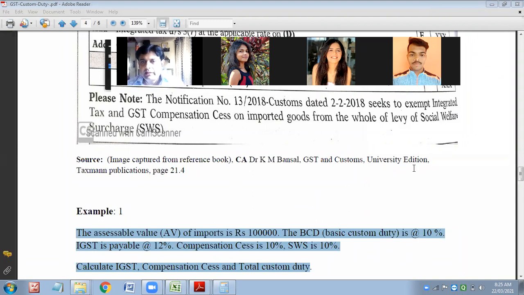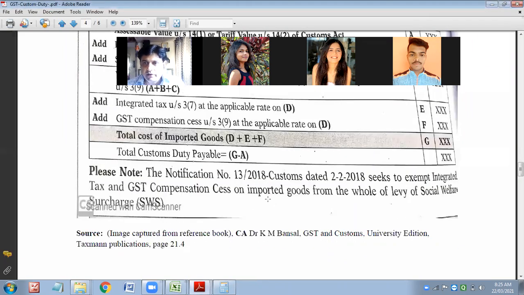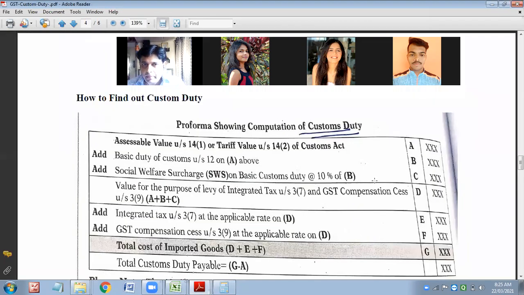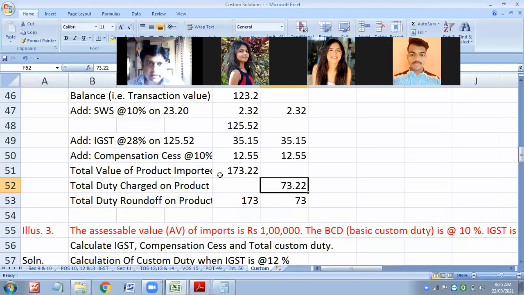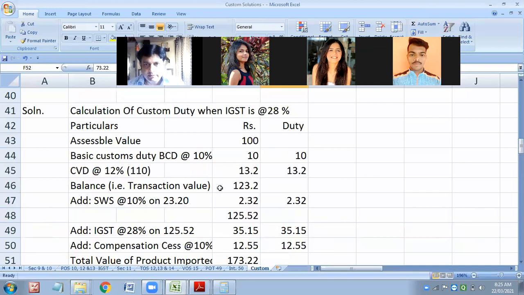SWS will be charged on custom duty. Again for that, I will ask you to refer to this format. Just now you have seen in our question, whatever custom duty we charge, if it is only basic custom duty, on that you will have to charge SWS.